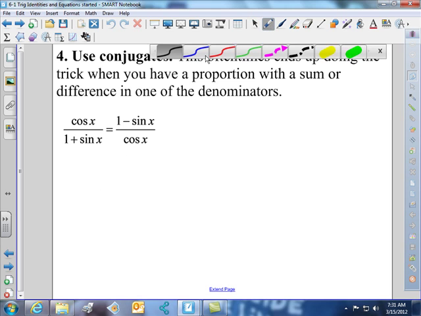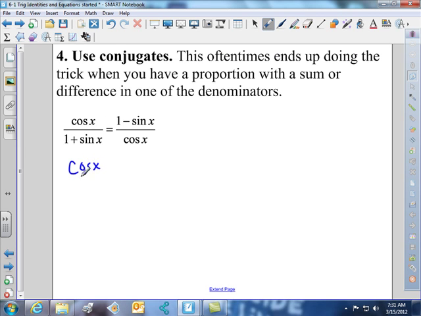What I'm going to do is rewrite this: the cosine of x over 1 plus the sine of x. If I multiply it through by its conjugate, which is 1 minus the sine of x, then watch what will happen.